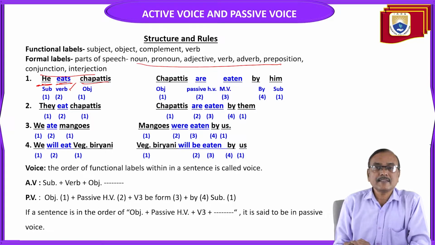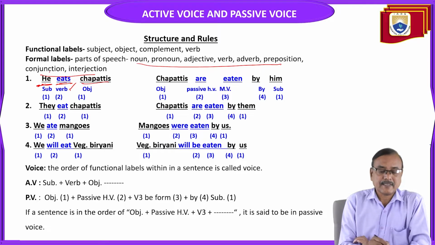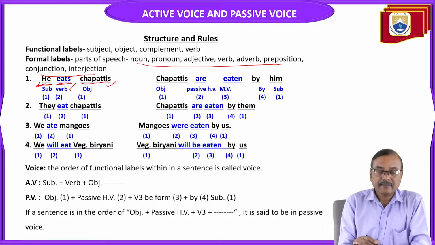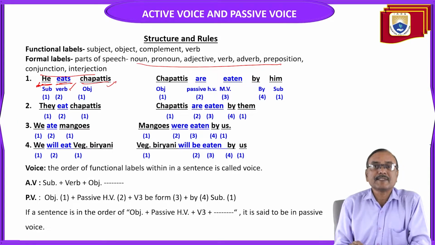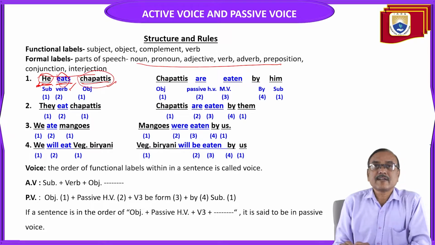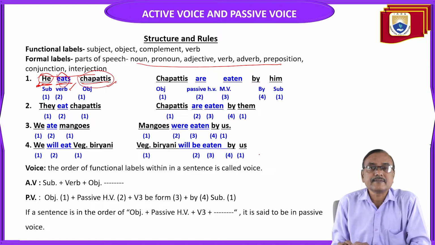Who does this action? He. This is called the subject. And what is eaten? Chapatis are eaten. This is the object. So this is the doer of the action, this is the action itself, and this is the receiver of the action, on which the action is done.